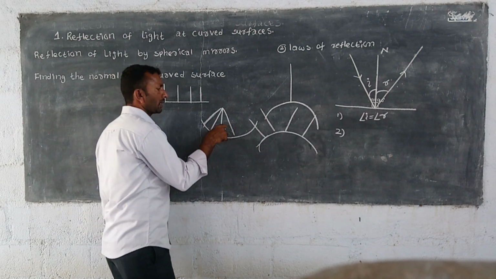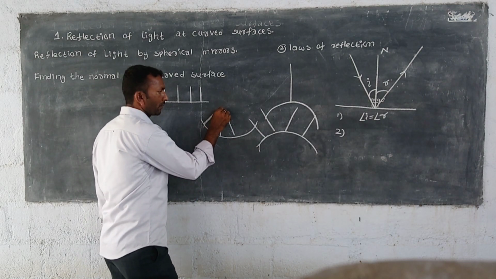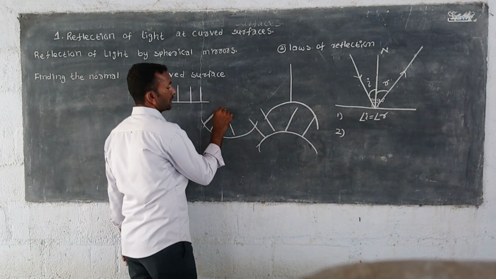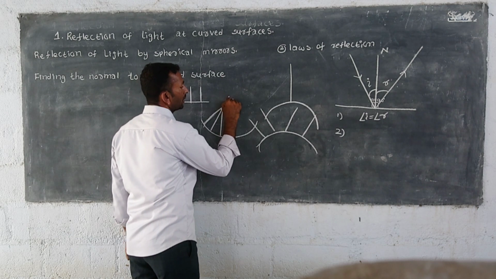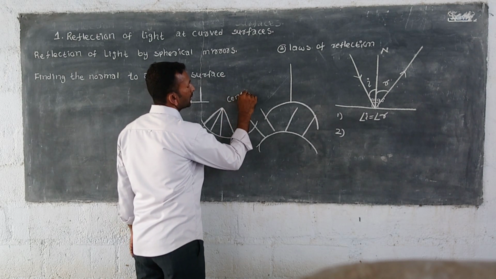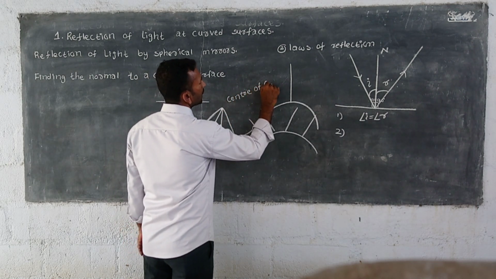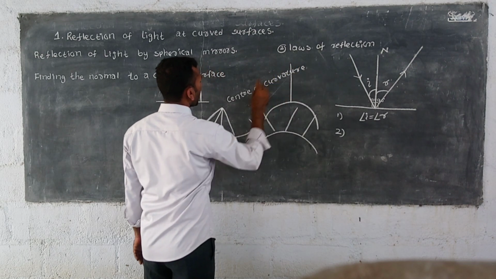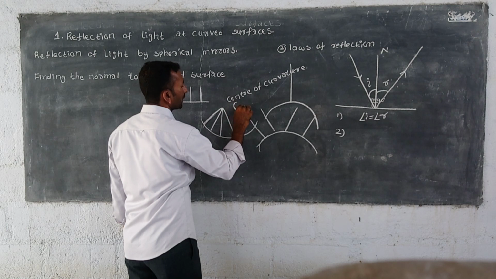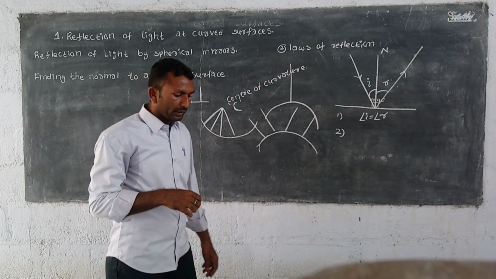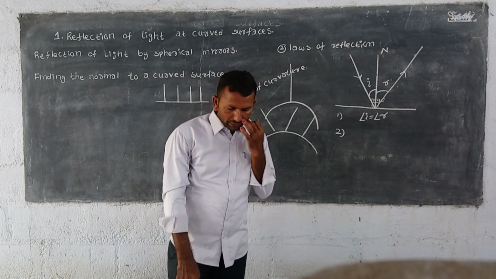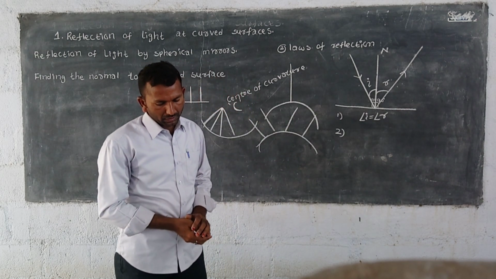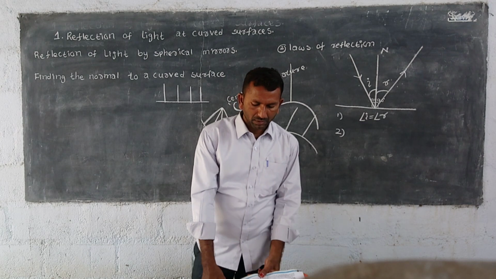In the first case, the point at which the light rays converge is called the center of curvature, and it is indicated by capital C, for a concave mirror like these pins. So, today's next topic.